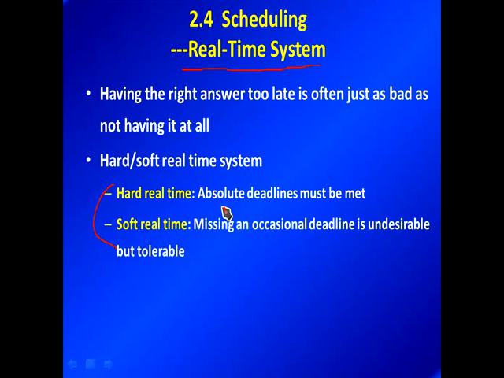Because for hard real-time, if the deadlines are not met, something fatal will happen. Maybe you may lose a lot of money or a lot of resources. But for soft real-time systems, missing an occasional deadline is acceptable.